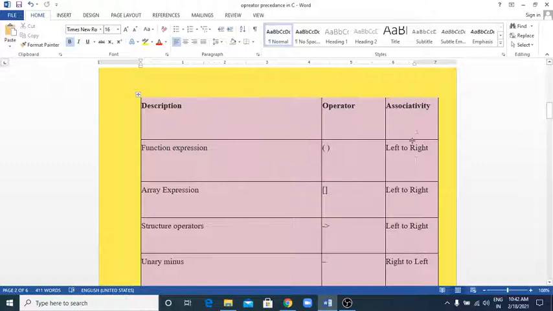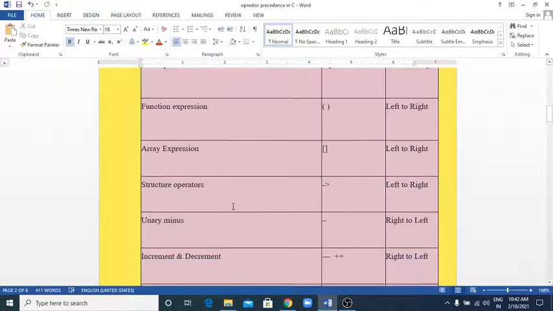So left to right is the associativity of brackets. Now array expression, the square bracket pair, also has left to right associativity. Then the structure operators have associativity left to right.